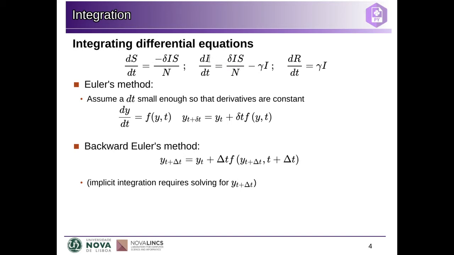So conversely, the infected population will increase at the same rate as the susceptible population is decreasing. So this is the same expression apart from the minus sign. However, infected people can also recover. So we have here this recovery rate. This is a probability of recovering, or the fraction of people who recover in each time unit.